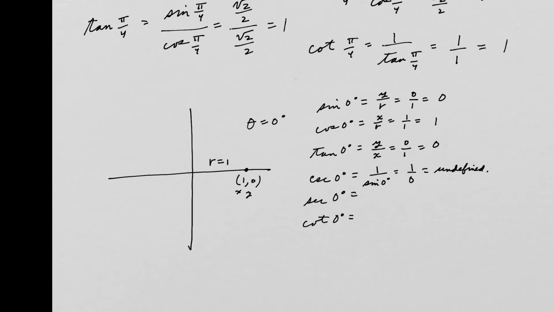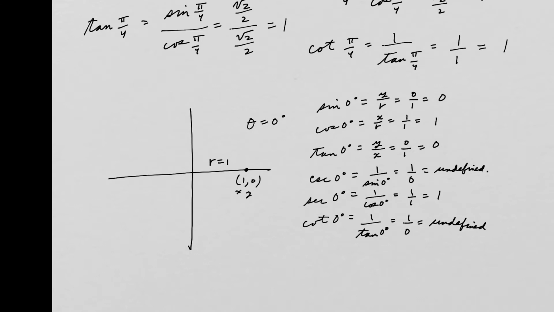So 1 over 0, it's still going to be the same thing, it's undefined. Then secant is 1 over cosine. Well, cosine of 0 degrees is 1, so this is 1 over 1, which is 1. And then cotangent is 1 over tangent. But tangent of 0 is 0, so this is 1 over 0, so this is also undefined.